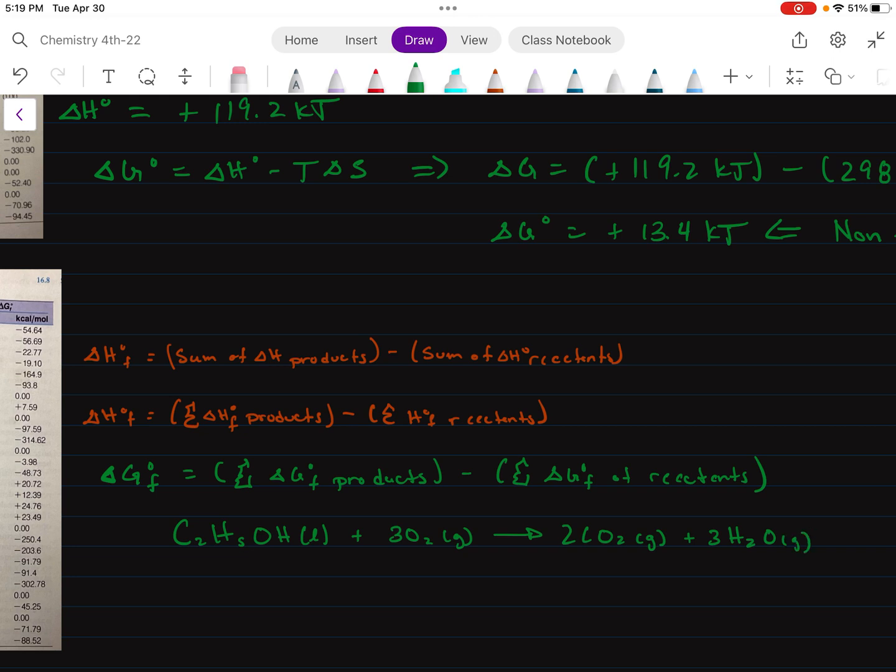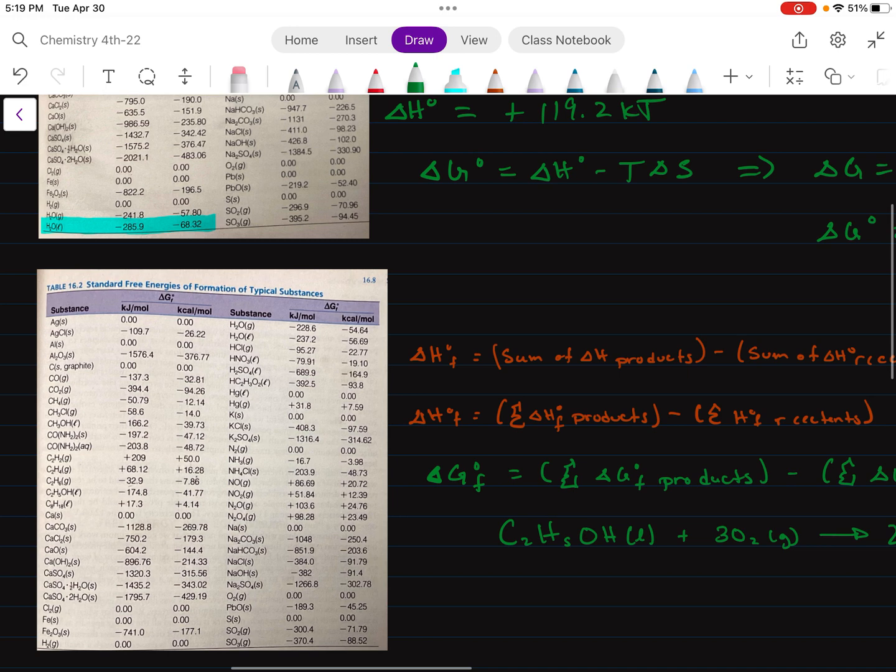This is the reaction that we're going to work on. Here's the chart with your standard free energies of formation. Pause it, find the ones that we need, and work on this, and then we'll double check it tomorrow in class.